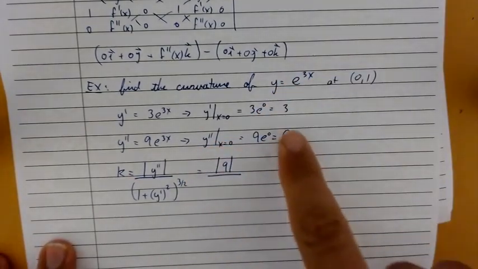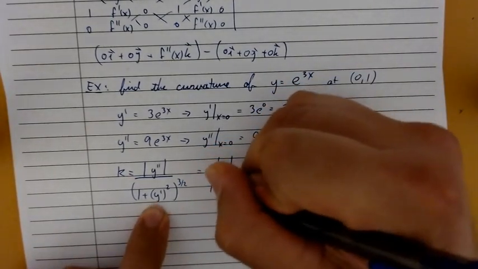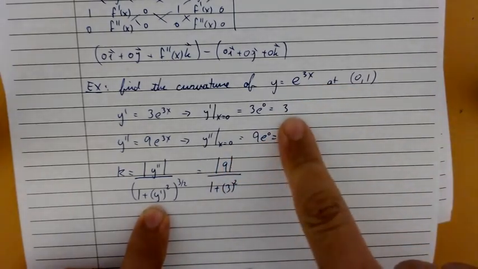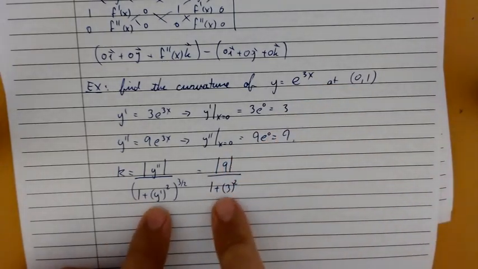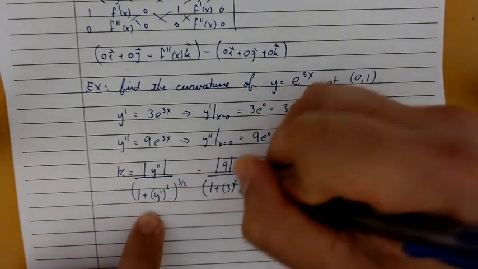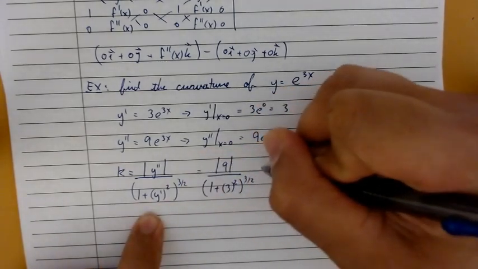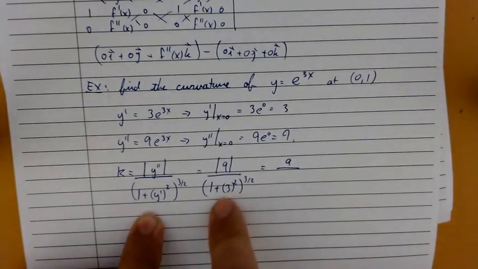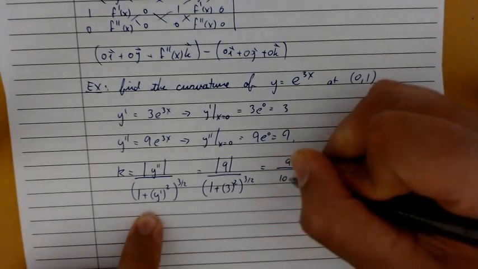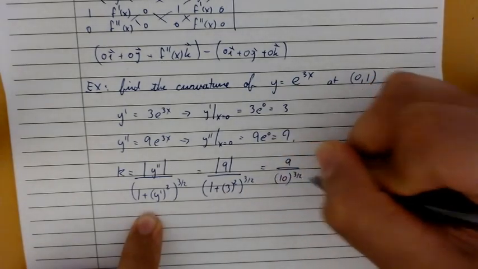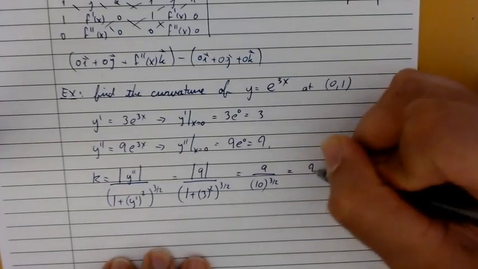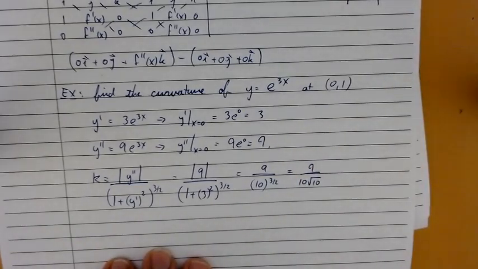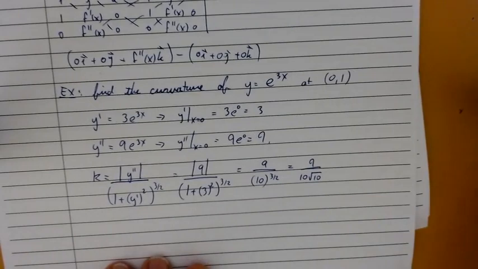Over 1 plus 3 squared, after all, 3 is our y prime, so that's 1 plus y prime squared raised to the 3/2 power. Here 3 squared is 9 plus 1 is 10 raised to the 3/2 power, which is 9 over 10 root 10. So that's our curvature.